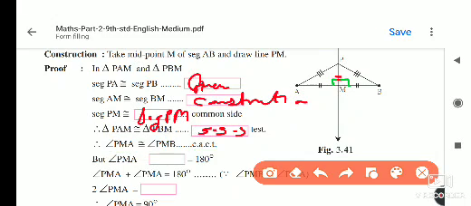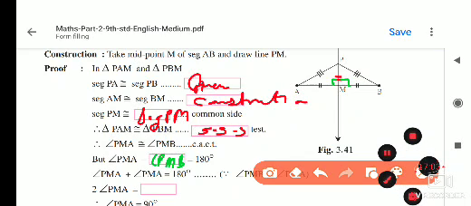They are congruent to each other and they are also in a linear pair with each other. So angle PMA plus angle PMB is equal to how much? 180, because as we know, the angles which are in a linear pair with each other are supplementary to each other, so the measure is equal to 180.